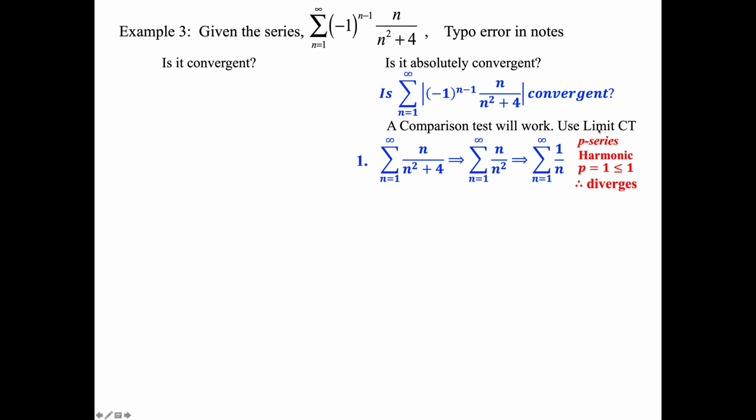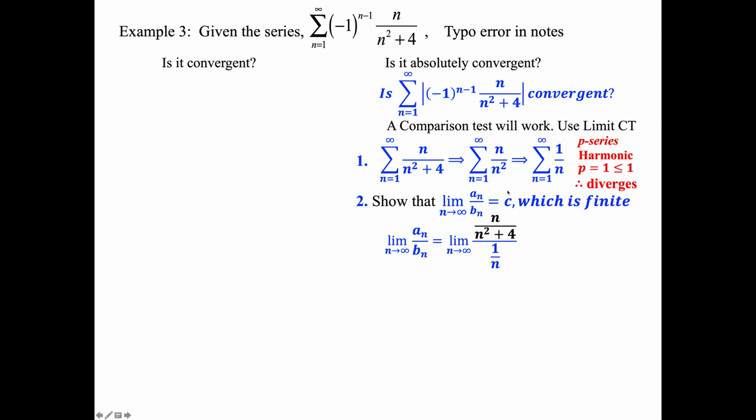Okay, so now we're going to do the limit comparison test with this. We're going to show that the limit of our original function, n over n squared plus 4, over what we're similar to, 1 over n, gives a constant value that's finite. So n over n squared plus 4 divided by 1 over n.